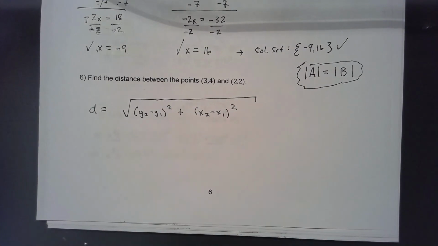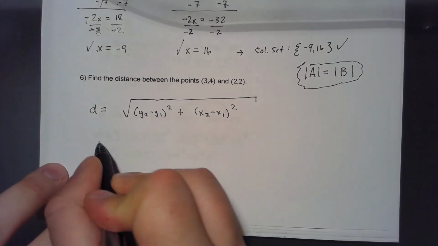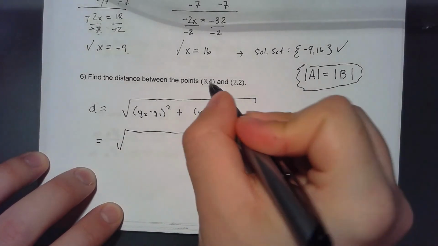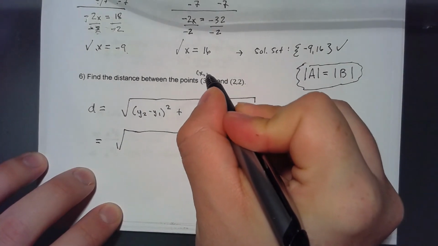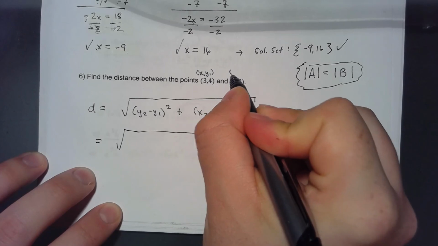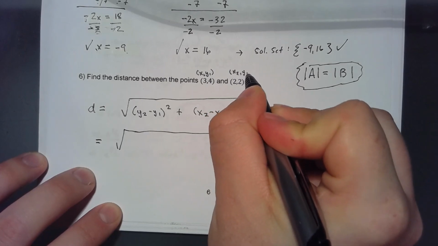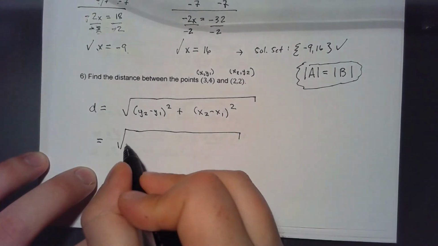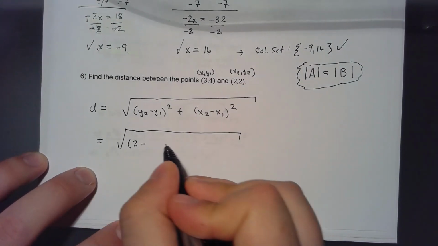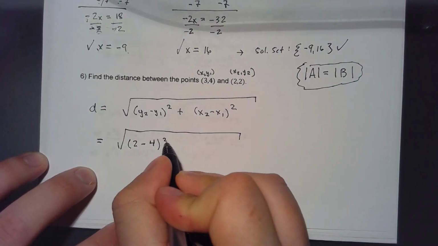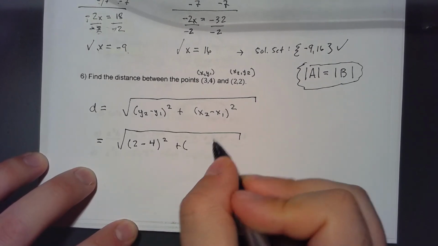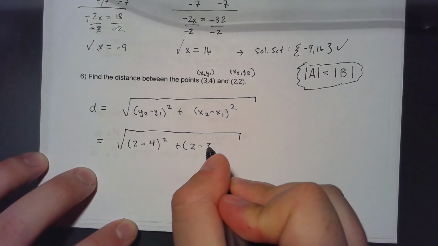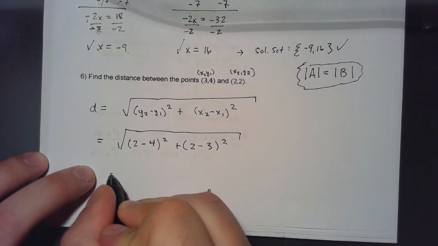Well, they're being added, so. So this is the first ordered pair, so that's x1, y1. And that's x2, y2. So y2 is 2 minus y1, which is 4. That whole quantity is squared. Plus x2 is 2 minus x1, which is 3. That whole quantity is squared.